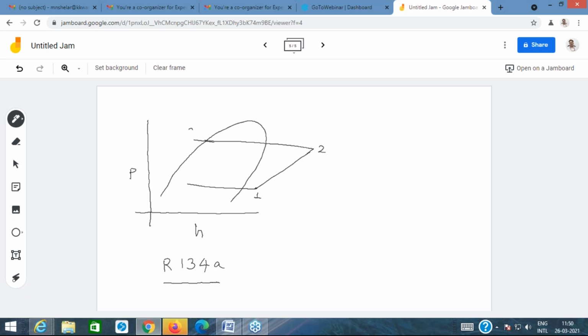So 3 is the discharge of the condenser or suction to the expansion device. And 4, if you draw vertical, this 4 is the entry to the evaporator. Now one can note down the suction pressure and discharge pressure, and I had already given you those readings.